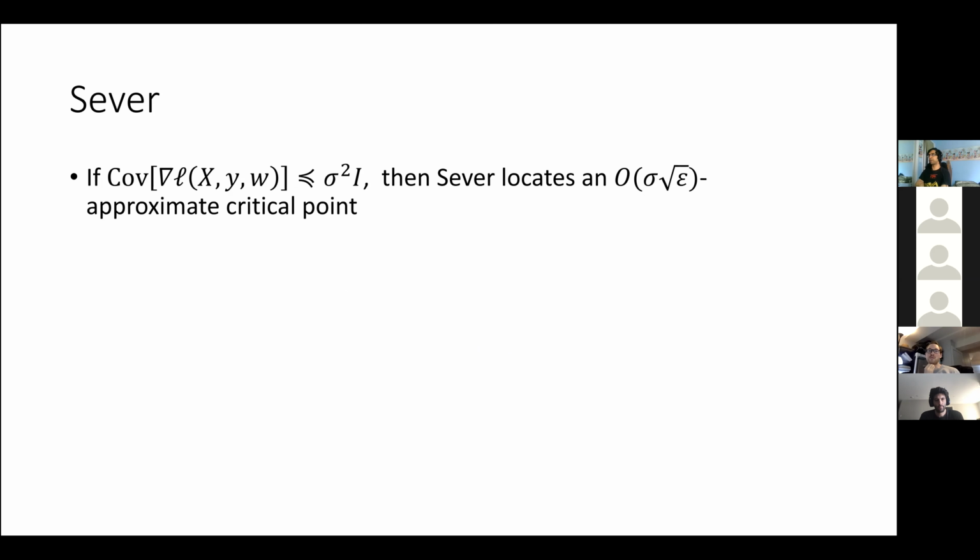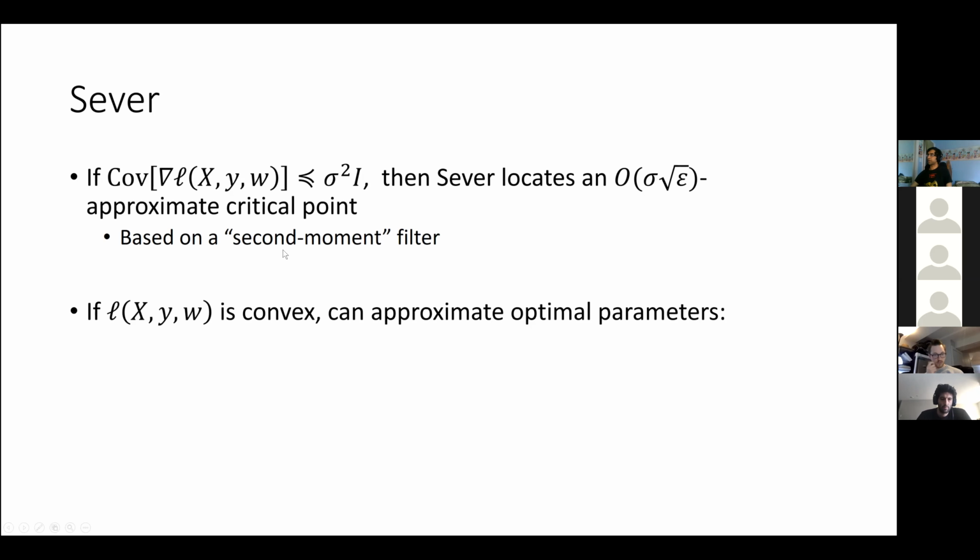A salient feature is that this does not rely on convexity or strong convexity. Those will result in better algorithms which find global minima. But really, this robustifies any sort of training algorithm, even say neural networks. It'll just find approximate critical points. And this is based on a second moment filter idea rather than a Gaussian filter, like I mentioned.